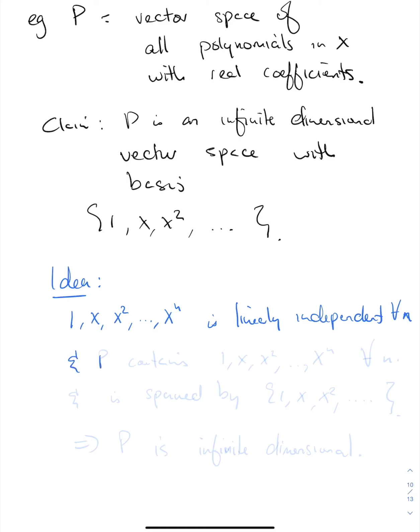And P contains x^n for all n and is spanned by this full collection. All polynomials can be written in terms of powers of x and a real number. Therefore, we can conclude, or at least have the idea, that P is infinite dimensional as a vector space.